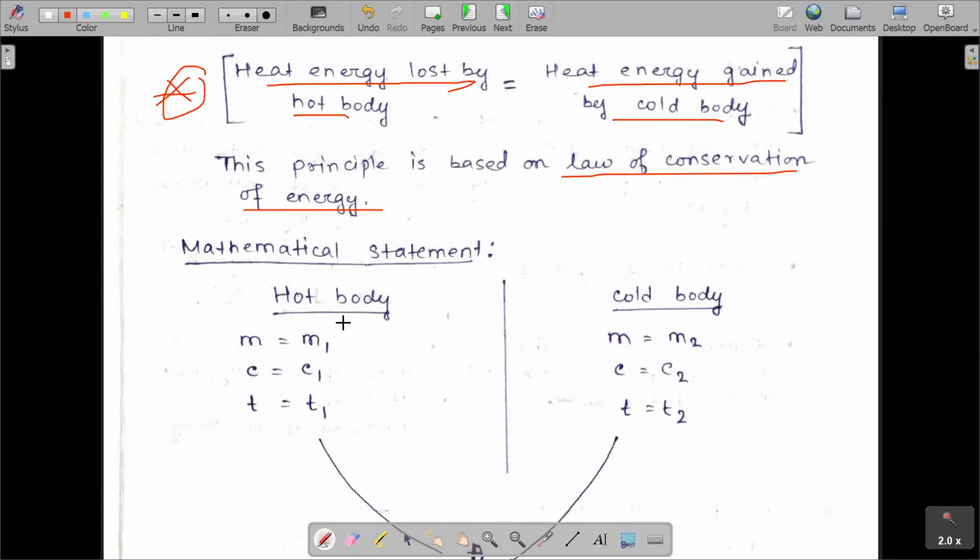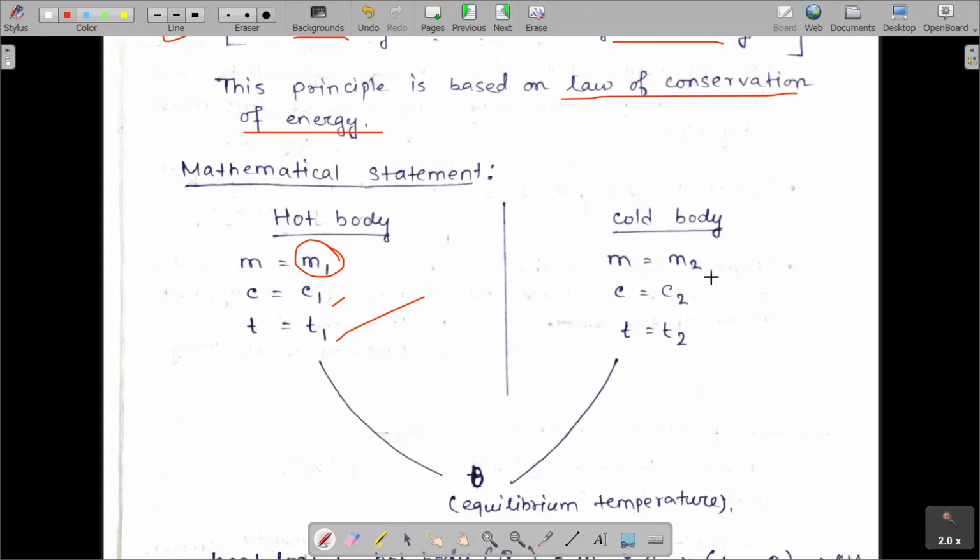Mathematical statement: suppose this is a hot body whose mass is m1, specific heat capacity is c1, and initial temperature is t1. And here I have taken a cold body whose mass is m2, specific heat capacity is c2, and initial temperature is t2. And these two are kept in contact with each other.